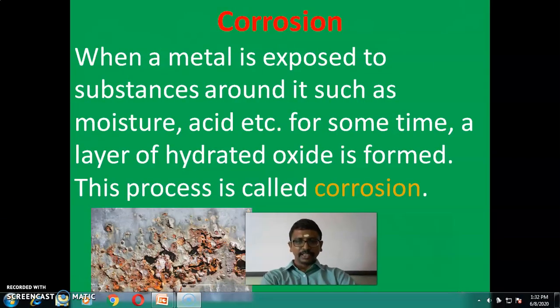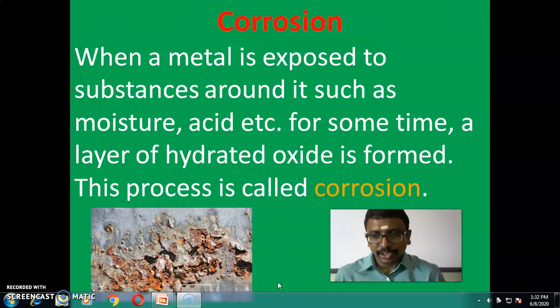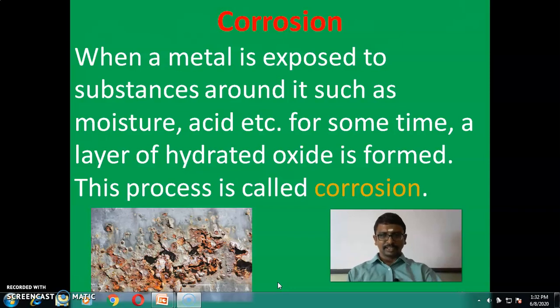And next we will see the term corrosion. What is meant by corrosion? When a metal is exposed to substances around it, such as moisture, acid, etc., for some time, a layer of hydrated oxide is formed.